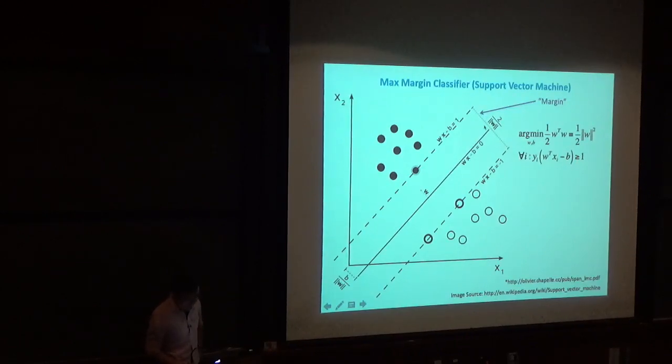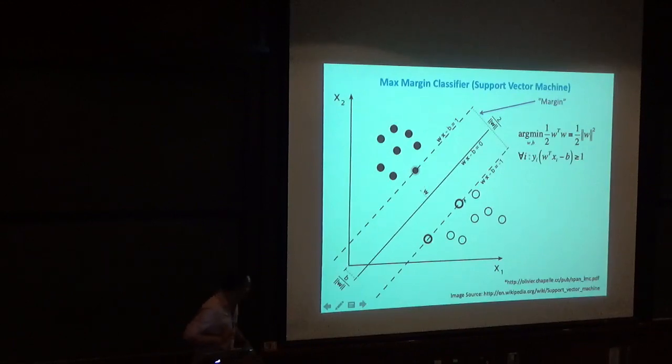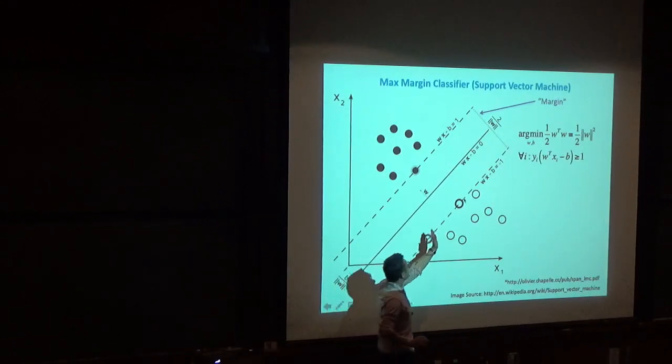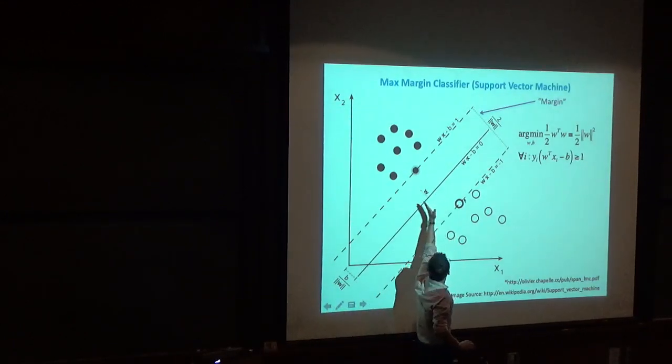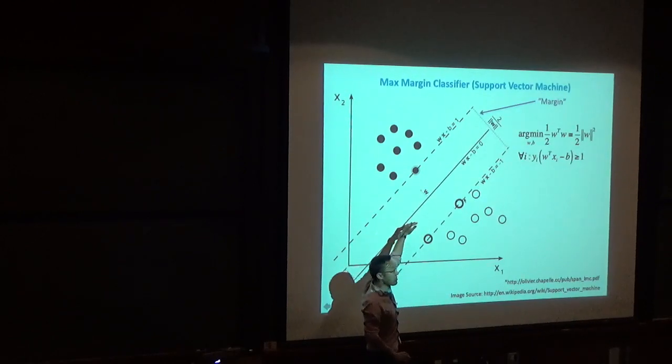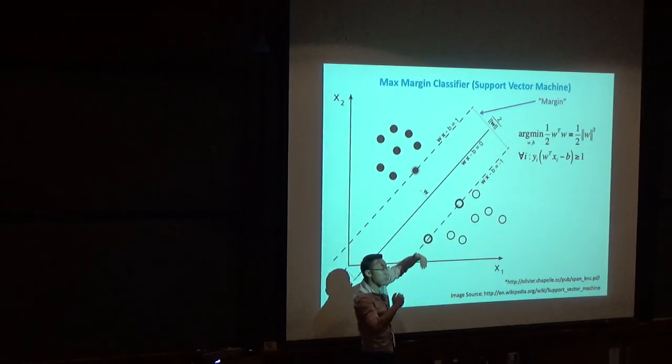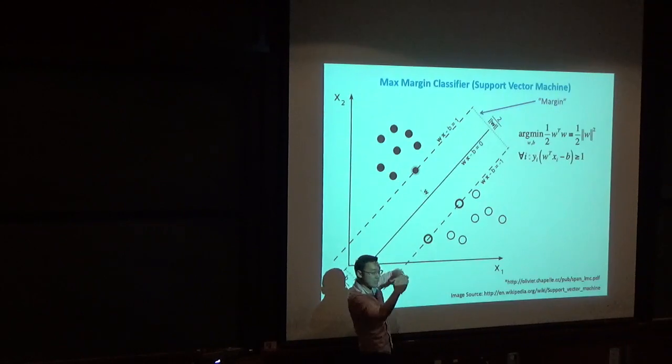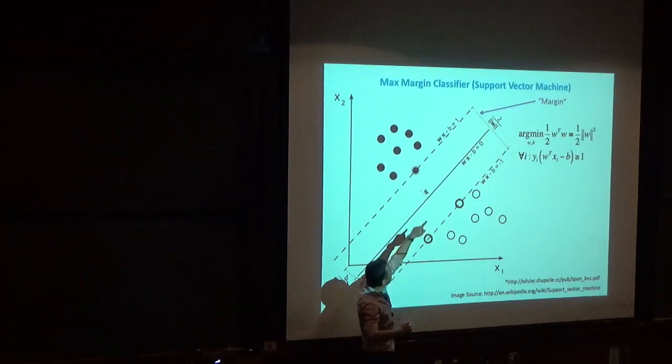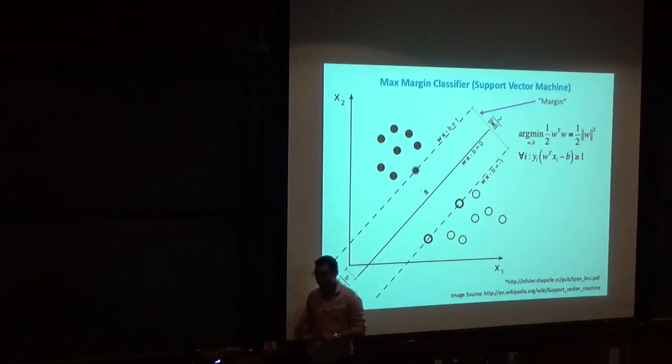You can prove, using standard geometric reasoning, that the distance between this guy and this guy, at least when measuring in terms of the perpendicular direction to this hyperplane, they may be offset by a little bit, but ignoring that, just the distance to the hyperplane, the sum of the two is equal to 2 over the norm of W.